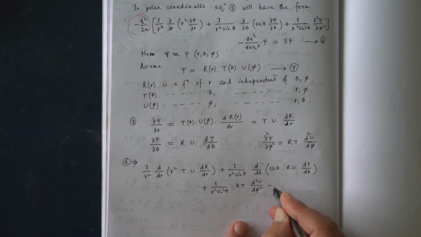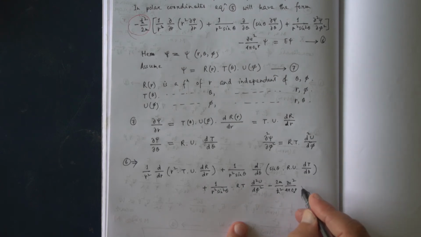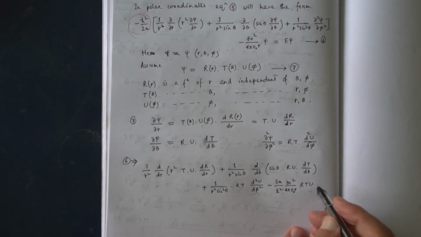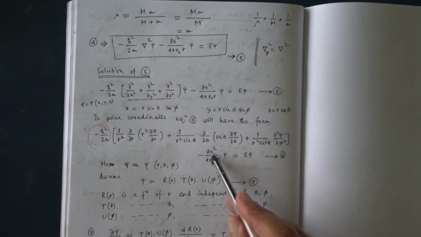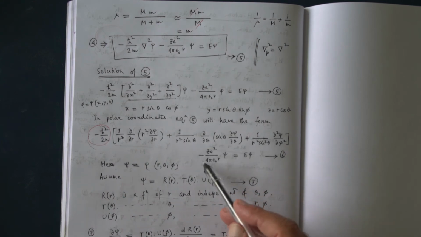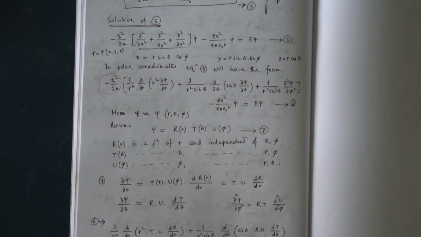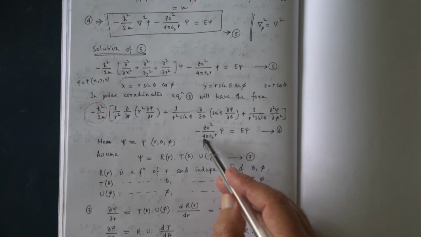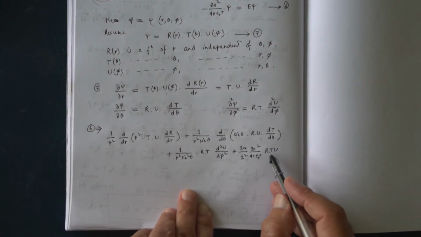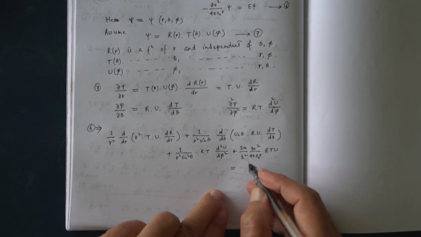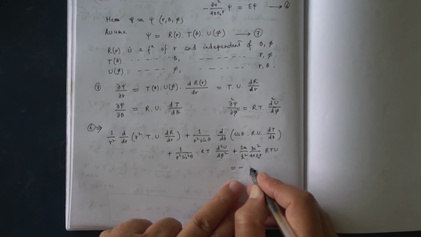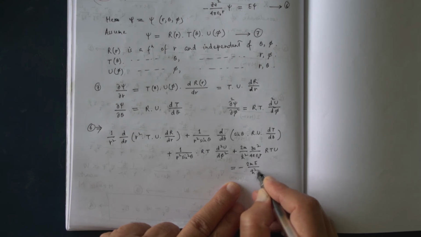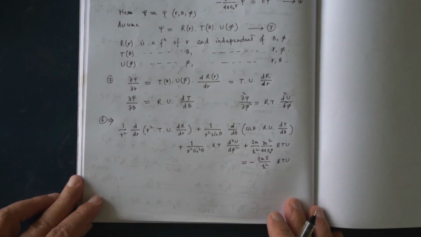Then plus 2m by h bar square, Z square by 4 pi epsilon naught r, times R T U, and this equals minus 2mE by h bar square R T U. So we are getting this.